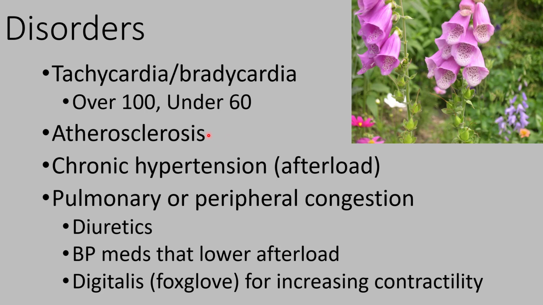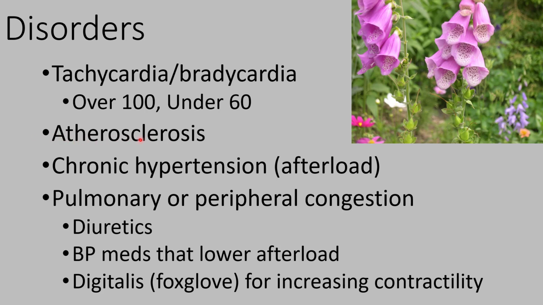Atherosclerosis. This is what happens when there's plaque building up in the arteries. And plaque building up in the arteries, well, it makes it so that the pressure in the aorta and other vessels is elevated. And like we just saw a moment ago, if pressure in the aorta is up, that's increased afterload. It makes the heart work harder. So that's how something like high blood pressure is bad for your heart.